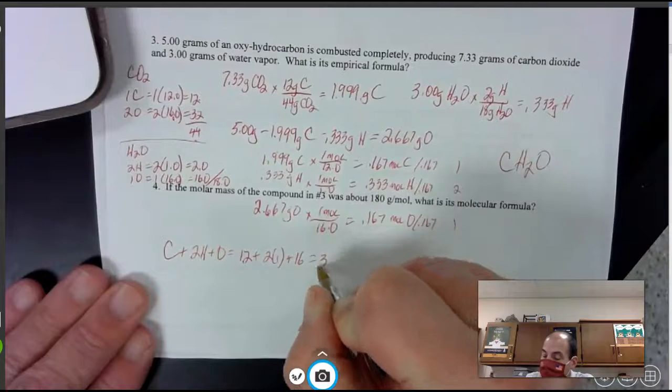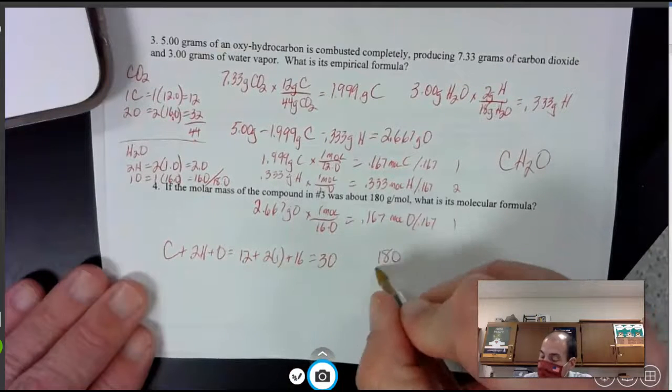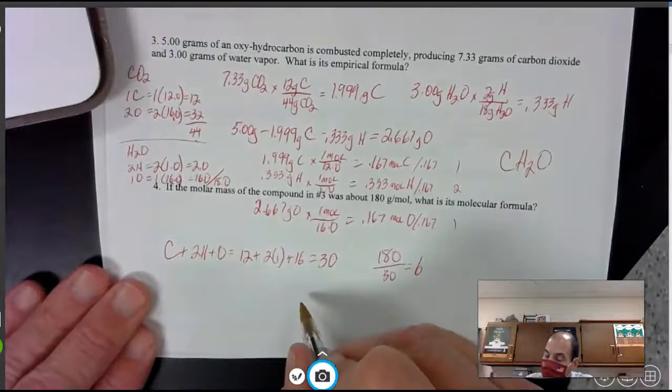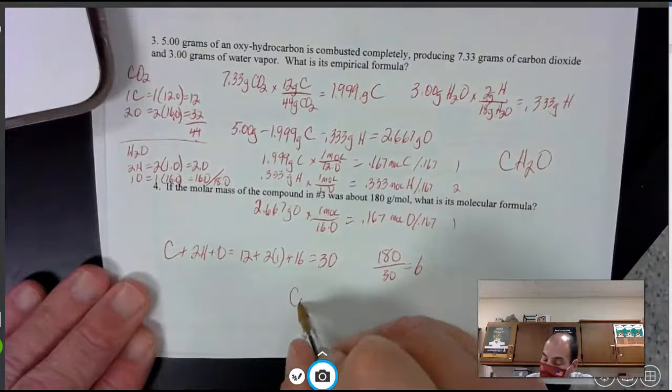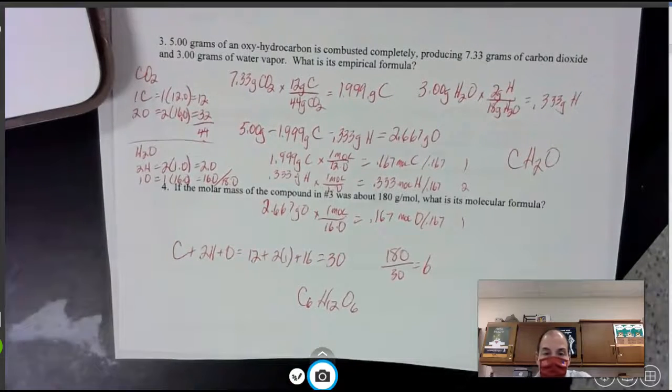That adds up to be 30 grams per mole. The actual is 180. We divide that by 30 to see that we're off by a factor of 6, making our molecular formula C6H12O6. Good old glucose.